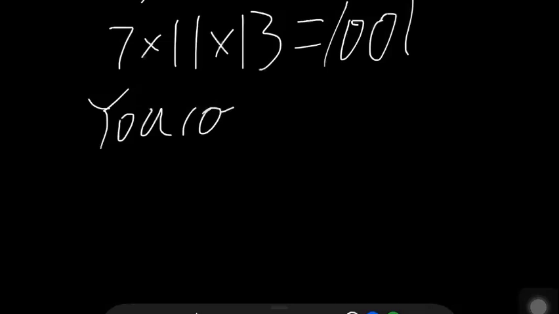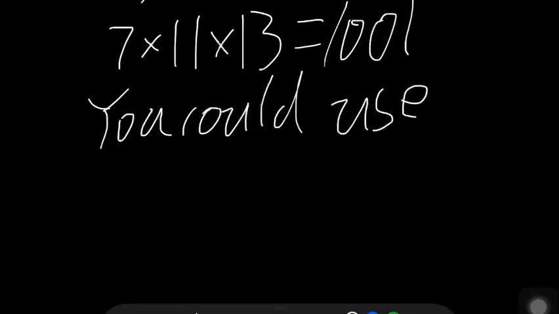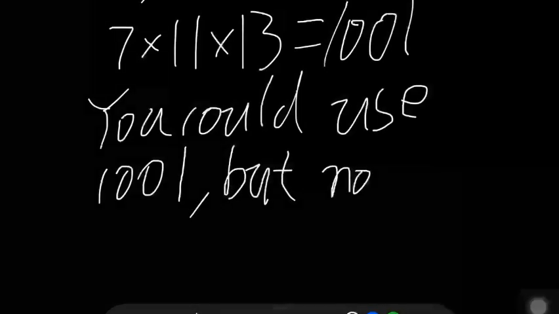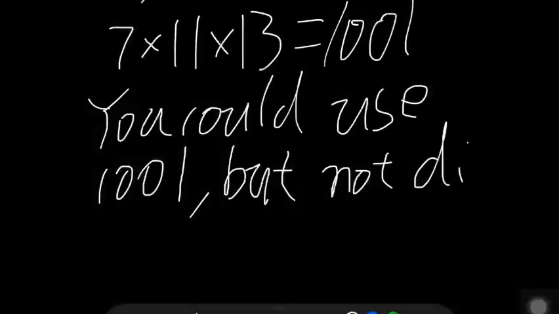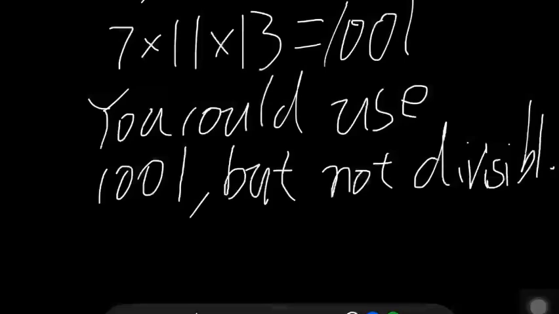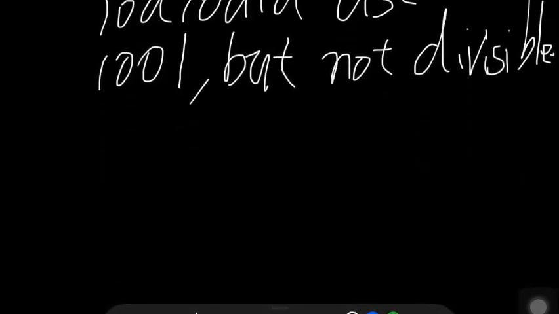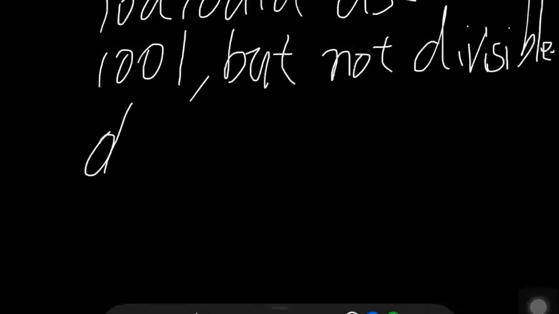But if it's not divisible by 1001, it doesn't necessarily mean that it's not divisible by 7. If it's divisible by 1001, it means it's 100% divisible by 7, so you need to be careful about it. Or you can just calculate it, because 7 is just a one-digit number, so it's not really hard to do.